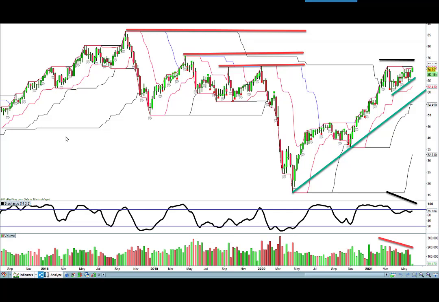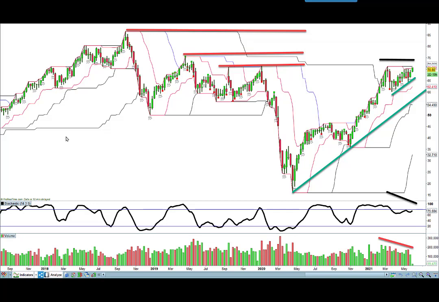Then I come to another interesting line, which is the black line that is downward slanting, and I've put it above stochastics. What this tells us, and it's not finished yet, is that if we break to new highs, I think it will be weekly stochastic divergence.